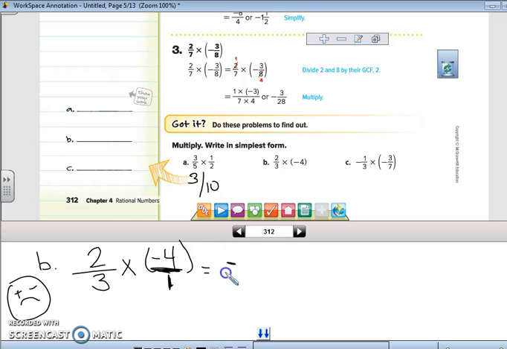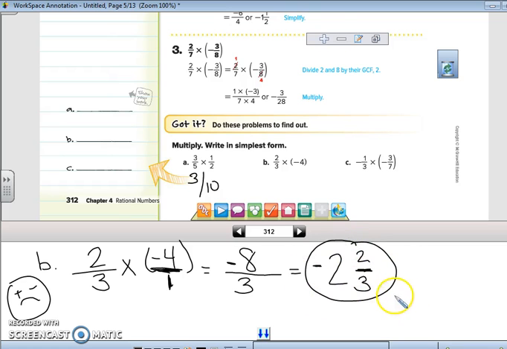I'm going to go ahead and put the negative. 2 times -4 is -8. 3 times 1 is 3. And I want to simplify. 3 goes into 8 2 times, so I'm going to put -2 since the fraction was already negative. 2 left over. Keep the denominator.